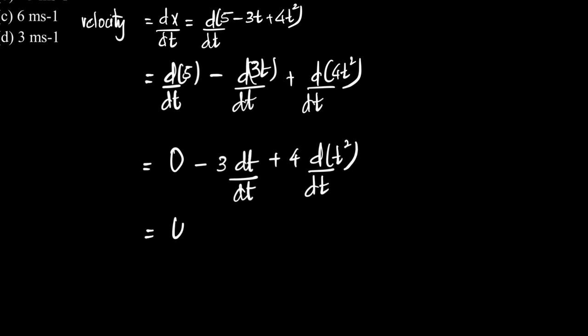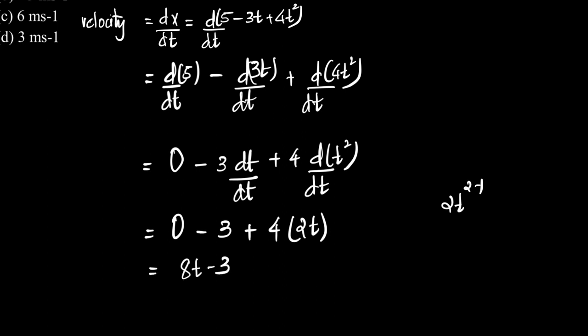So this will be equal to 0 minus 3 plus 4 into d by dt of t square, which is 2t. How? It is 2 into t raised to 2 minus 1. So we get it as 8t minus 3, right?